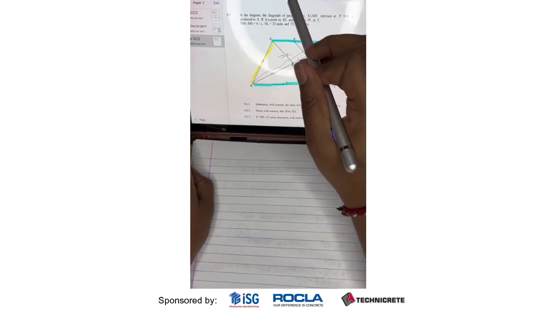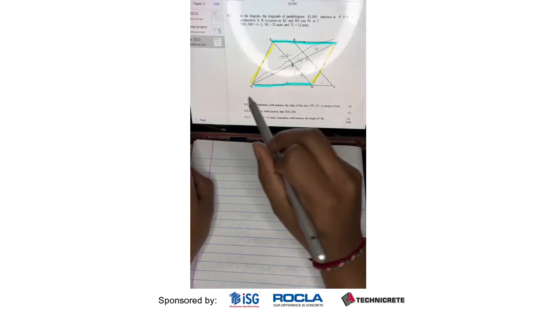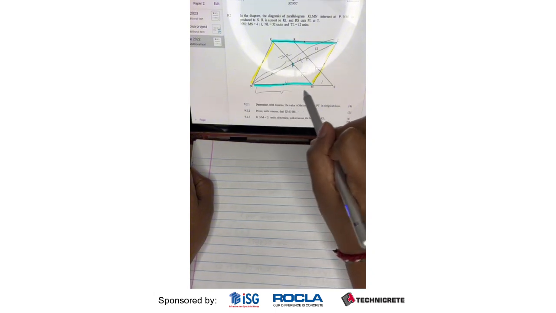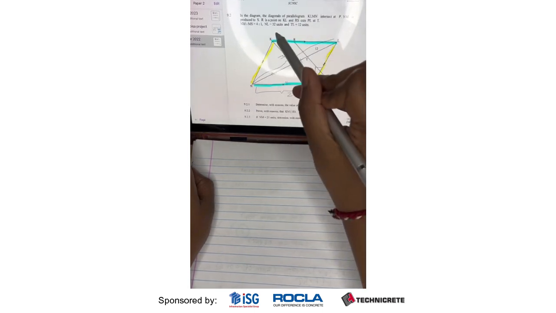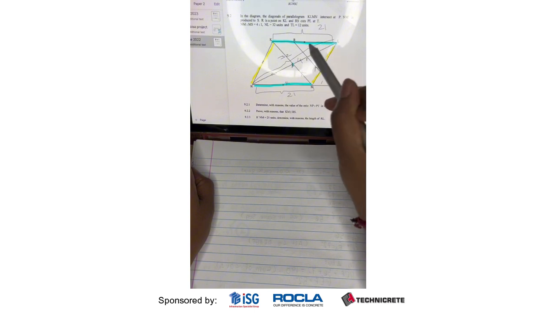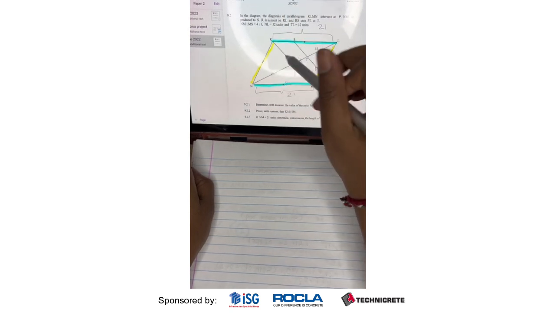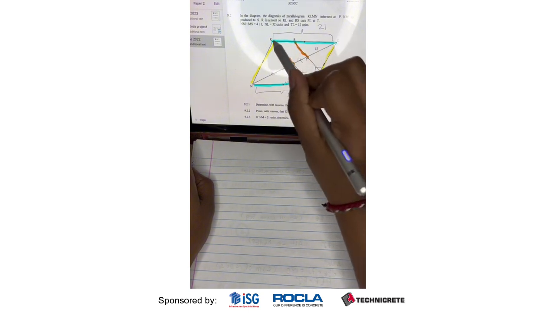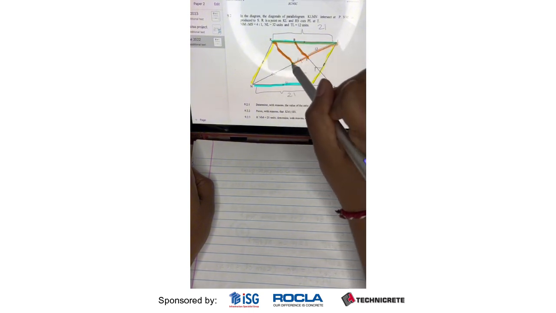They're saying that NM here is 21 units. Determine with reasons the length of RL. Well, if this is 21, then the whole of this is also 21. They want us to find RL. We just said that these two lines are parallel, so that is going to mean that this is also parallel to this. And I've now created a triangle here.